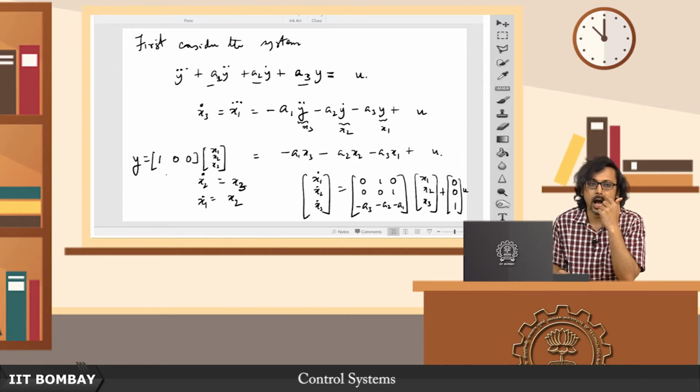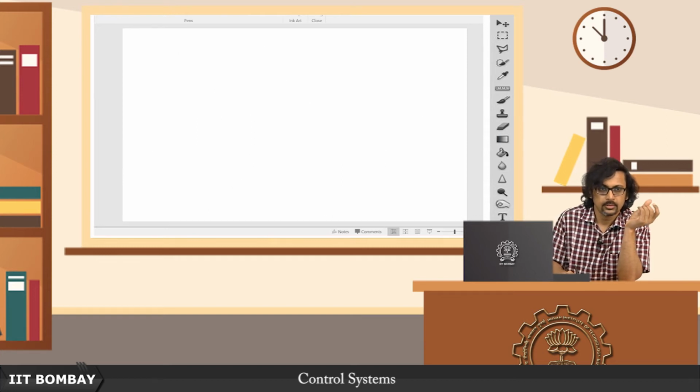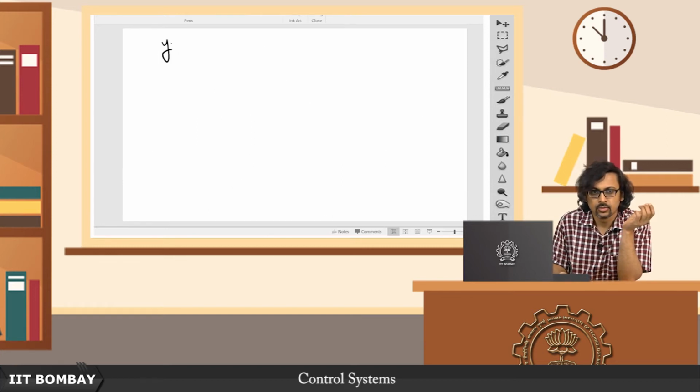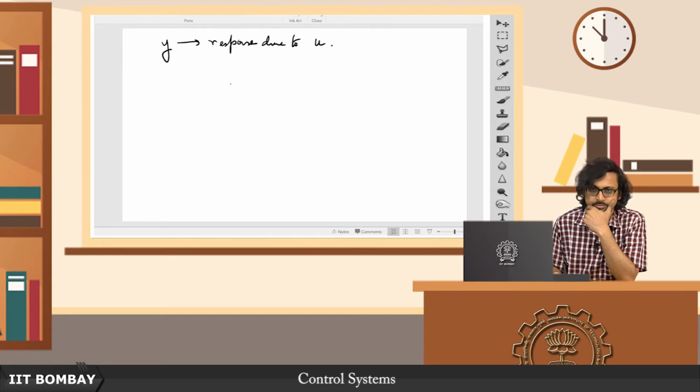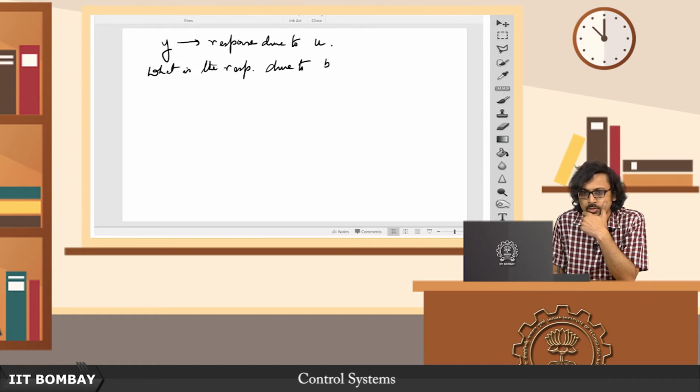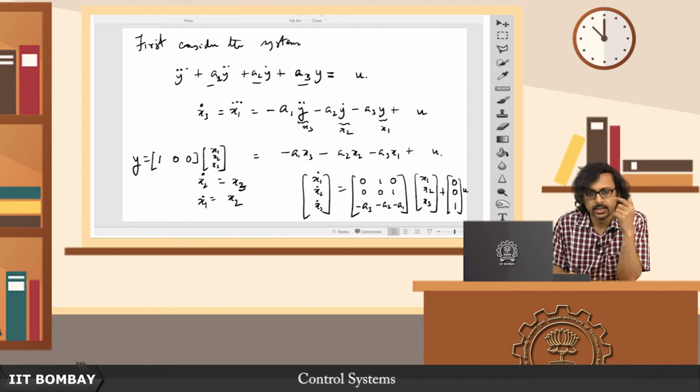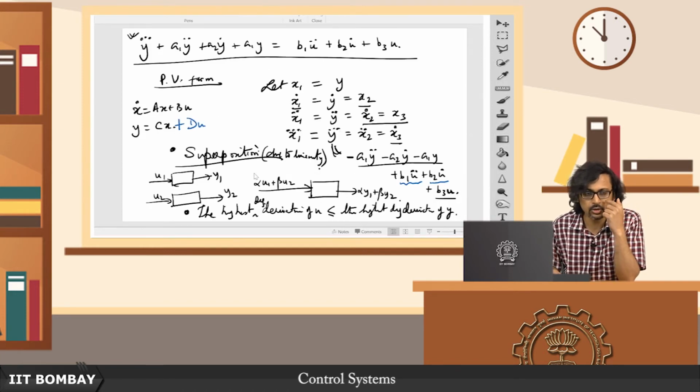Now let me call this y, the response due to u. So then what is the response due to B3 u? Well, of course, it is the superposition principle that comes to my rescue.